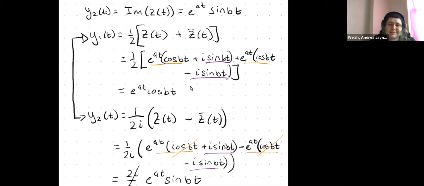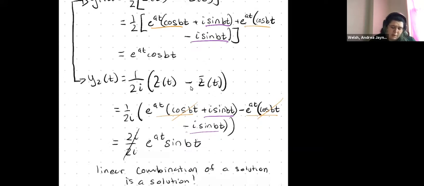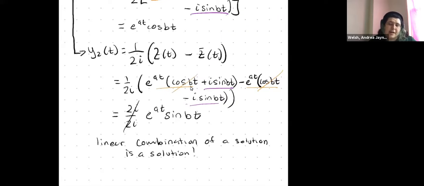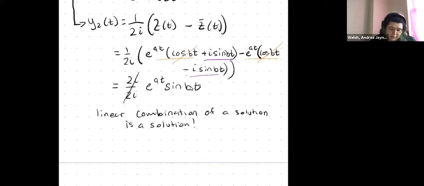So I'm just adding those complex solutions together, and I have some constant out in front. For one of them, it's 1/2, and for the other, it's 1 over 2i. And by doing that, I made two solutions that are real.